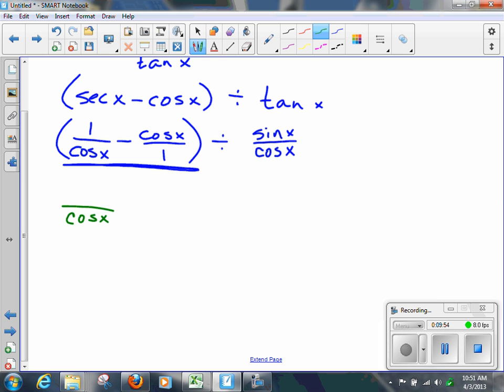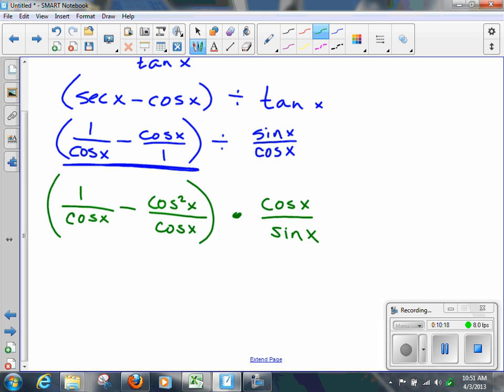Does the first fraction's denominator change at all? Nope, it doesn't change at all. But when I multiply cosine to the bottom, of course, I've got to multiply cosine to the top. So cosine times cosine is going to be what? Cosine squared. Now, I'm going to multiply by my reciprocal.